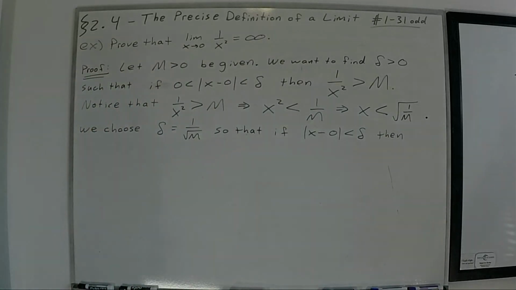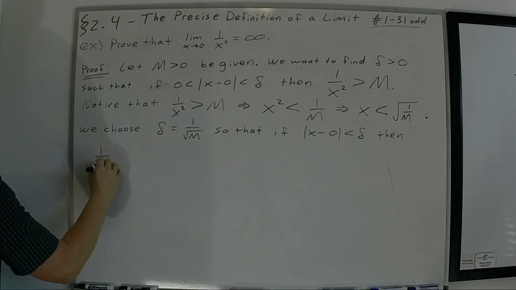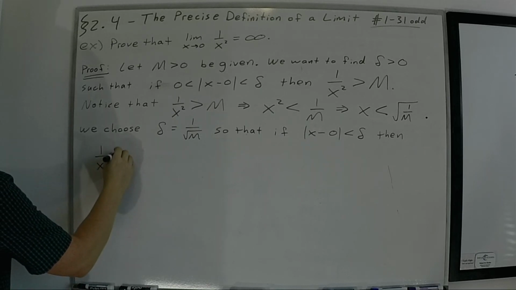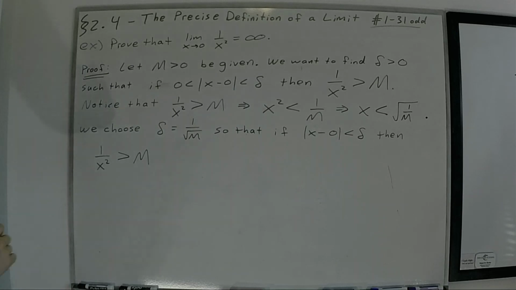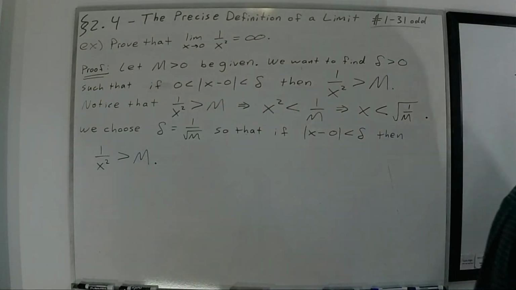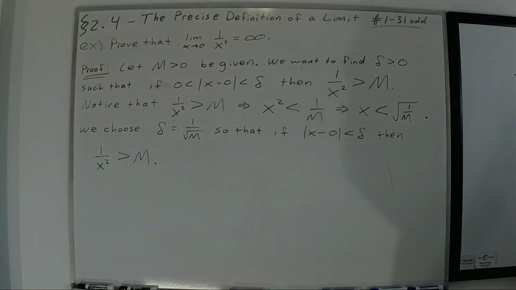then 1 over x squared is greater than M. So this is the definition that we wanted, and it's the definition that we can achieve.